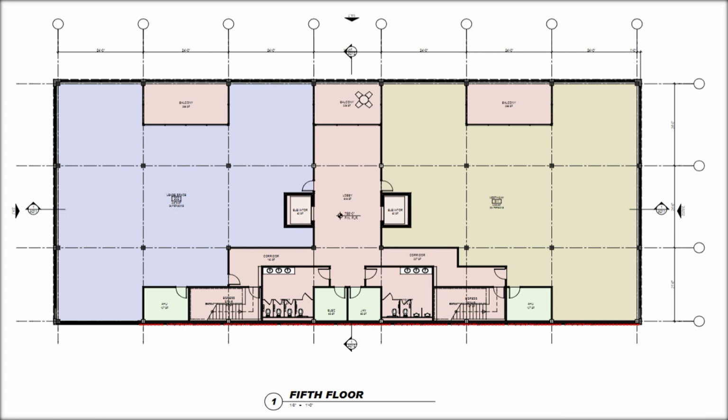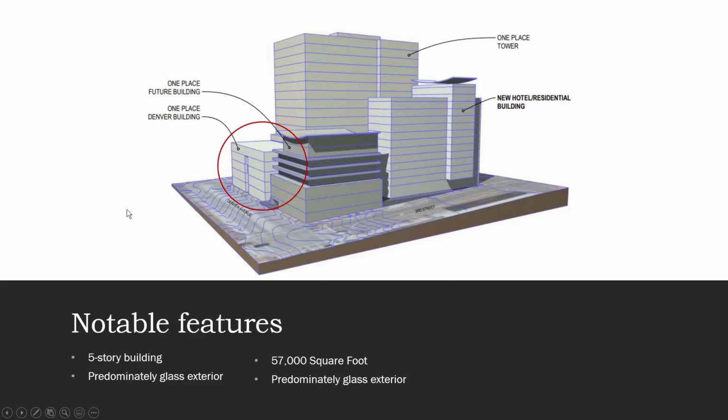Now, let me give you a brief rundown on the project at hand. On screen right now, as shown, is a typical layout of the building itself. As requested by our client, we were to design the structural system of the One Place building, a 5-story, 57,000 square foot speculative office located in Tulsa, Oklahoma.